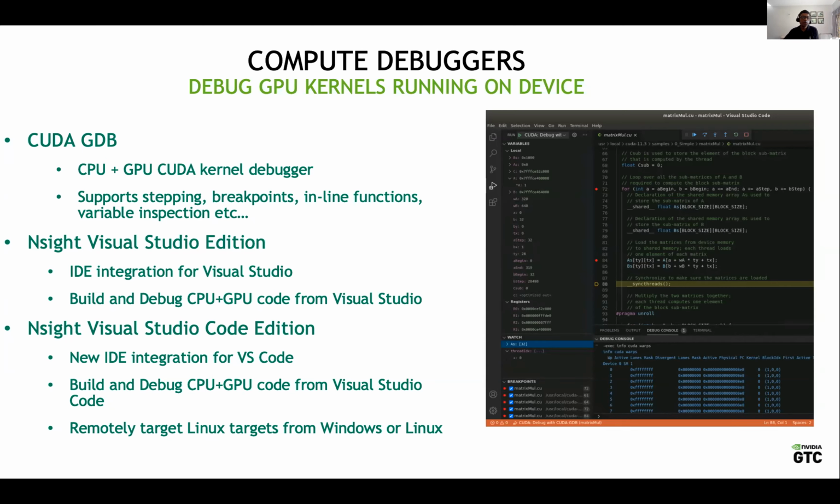And as I mentioned, you also have integration into Visual Studio or Visual Studio Code, and this is an example of doing that. You could also remotely debug on Linux or Windows targets.